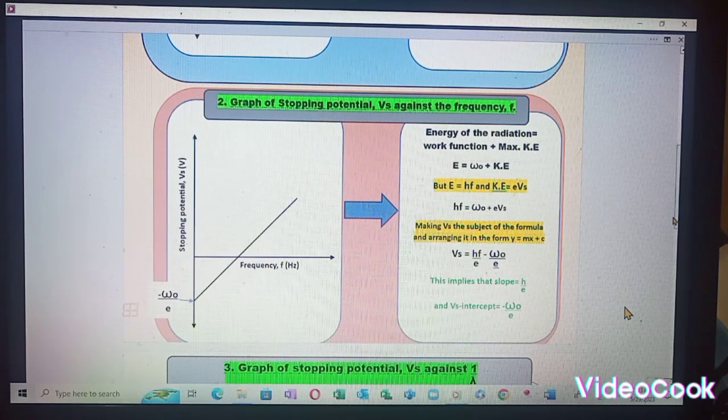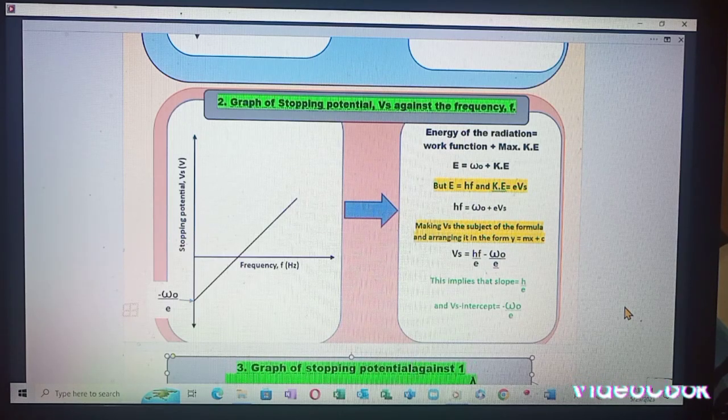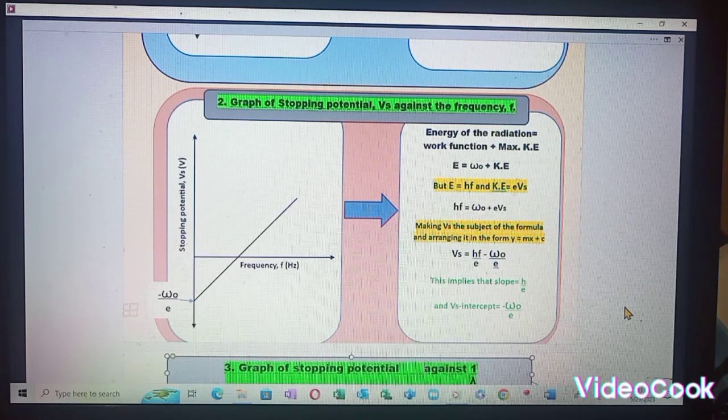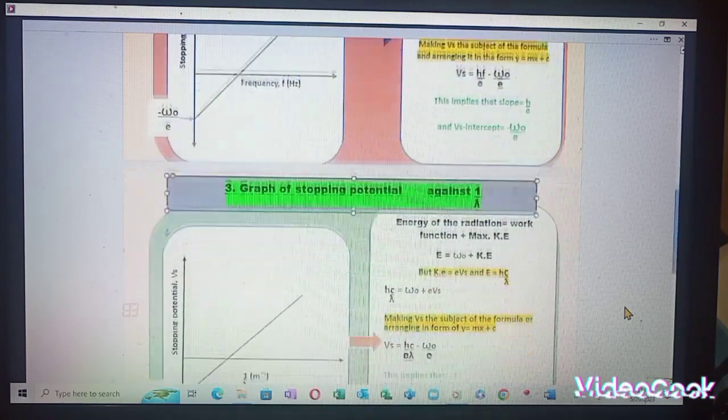So lastly, we go to the last graph, the third graph of the photoelectric effect. The graph is a graph of stopping potential against reciprocal of wavelength. In this graph, all the graphs have a similar shape, and then we look at the general equation, the general instance equation.